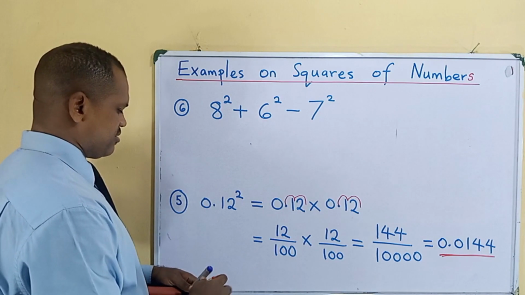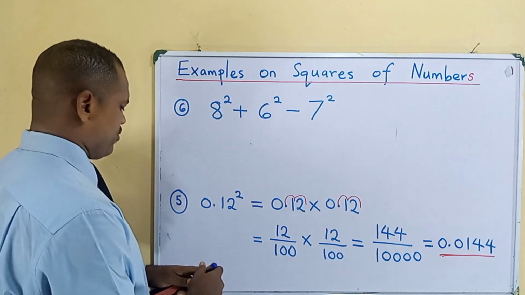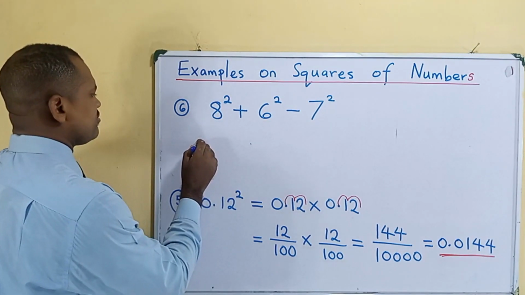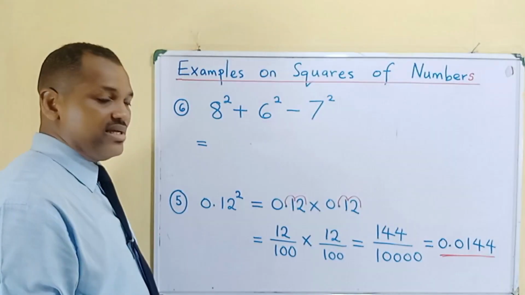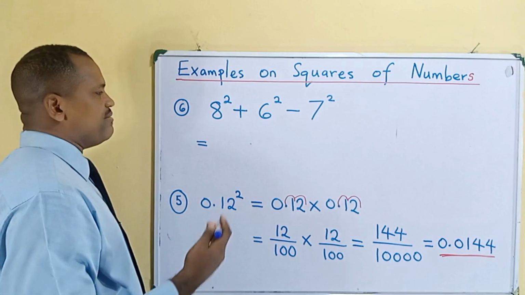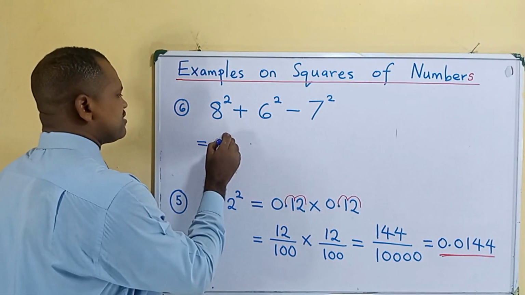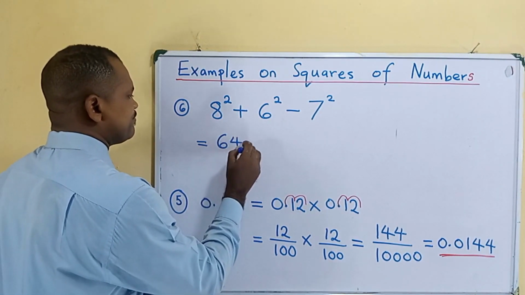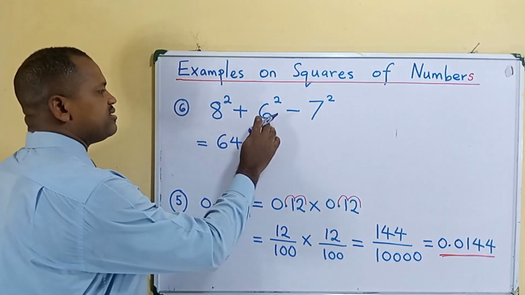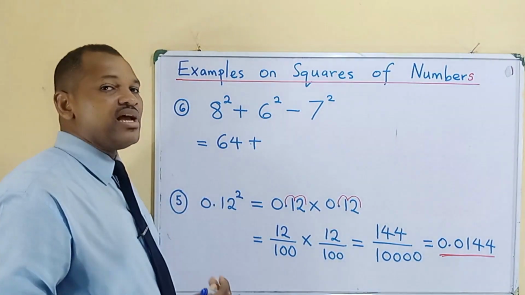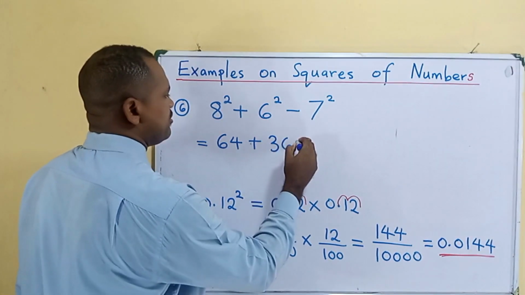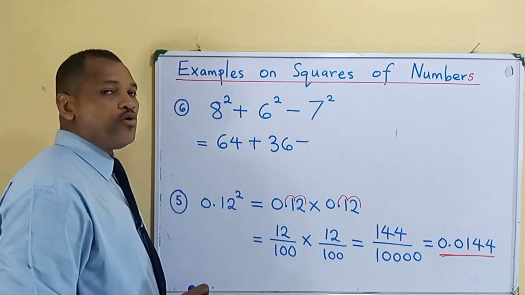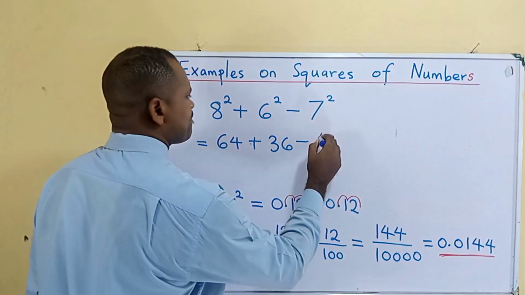So, of course, 8 squared means 8 times 8. And the times table, of course, will give us 64. Plus 6 squared means 6 times 6, which is 36, minus 7 squared, this is 49.